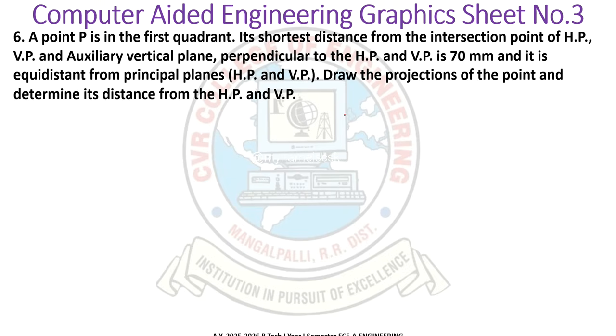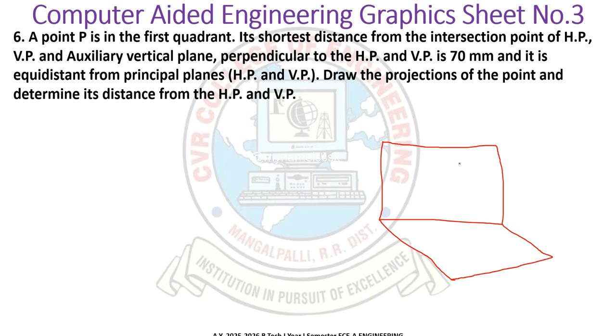Whenever I say HP and VP, it will be like this. This is our VP, the vertical plane, and this is our horizontal plane.